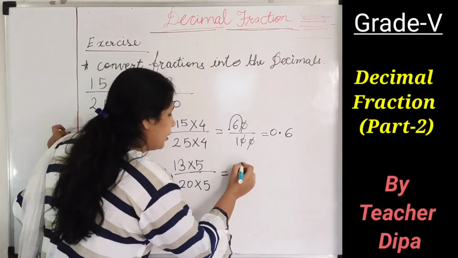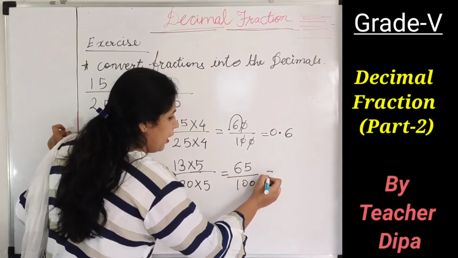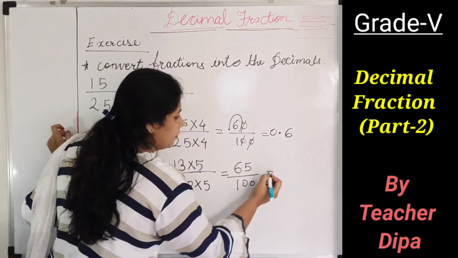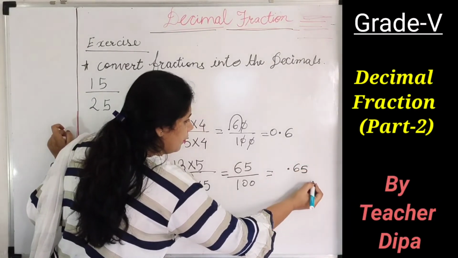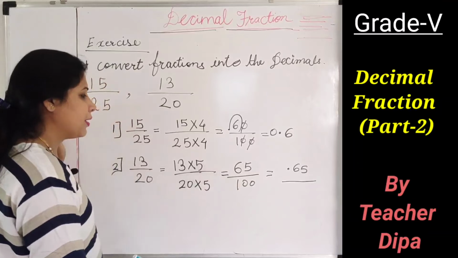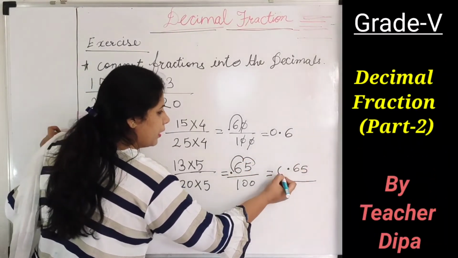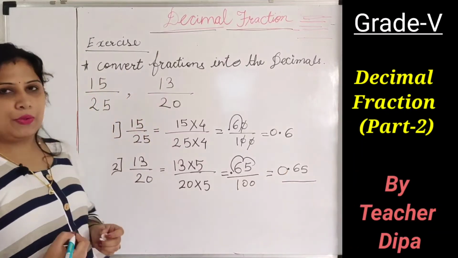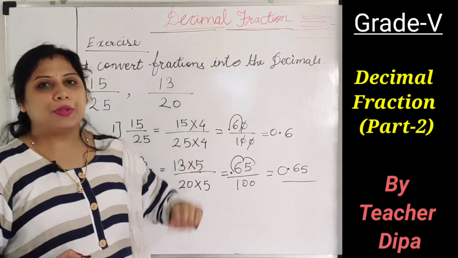So this is now becoming 150 upon 100, and as we are having 2 zeros here, we can shift 2 places and we will get the answer. So this is our answer for converting the fraction into decimal.